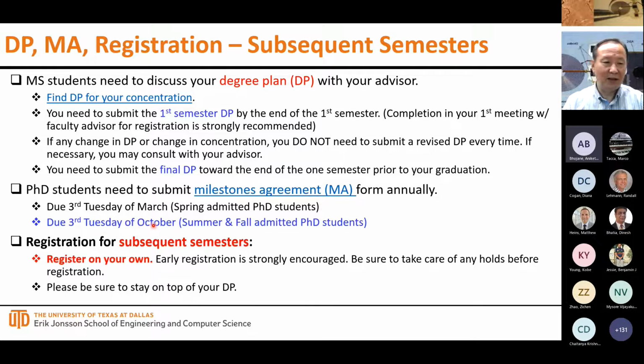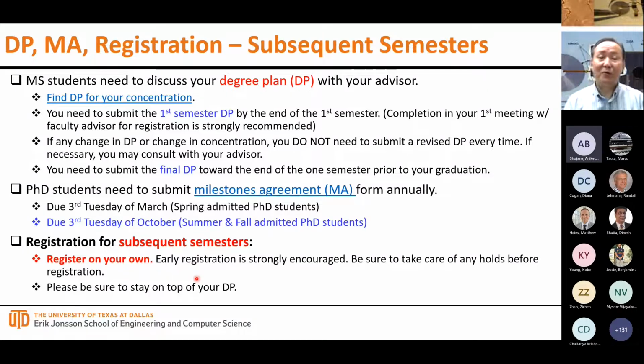You will get this notice again when the time comes. But once again, PhD students never submit a degree plan. Master's students never submit a milestone agreement form, okay? It's completely separate.